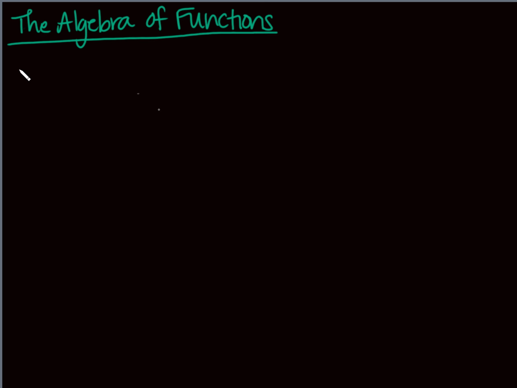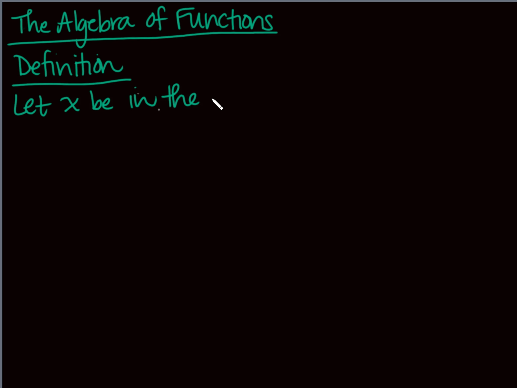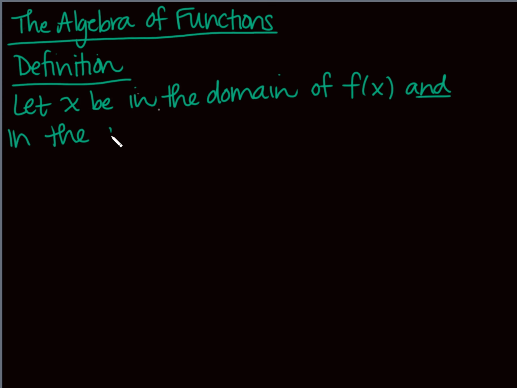So let's just start with the definition like we usually do. And the important part of this definition really is at the very beginning. Okay, so definition, let x be in the domain of f of x and in the domain of g of x.